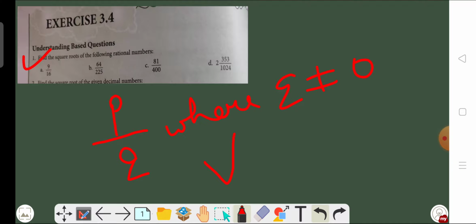To find the square root of a rational number, we write it like this: under root p by q, and this is equal to the square root of the numerator separately by the square root of the denominator. Then we solve the square root of the numerator and denominator to find the square root of the whole p by q. Now look at the A part of question number first.